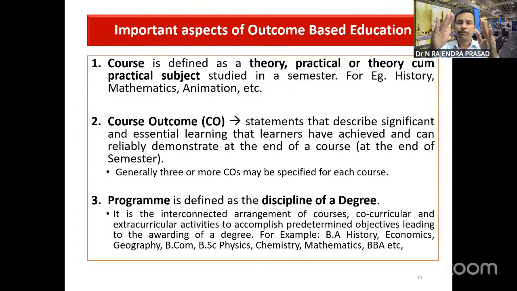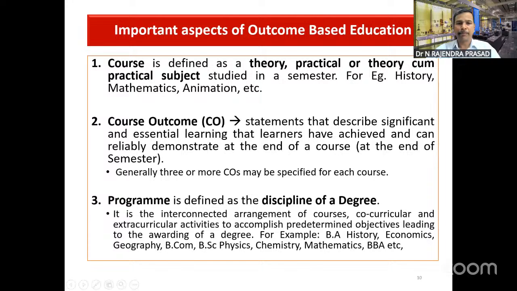By the end of the first semester or the second semester, etc., he has passed the animation course or history course or basic mathematics course or fundamentals of computer applications course. What are the competencies? What are the attributes he has earned? What is he capable enough of? That is the course outcome.